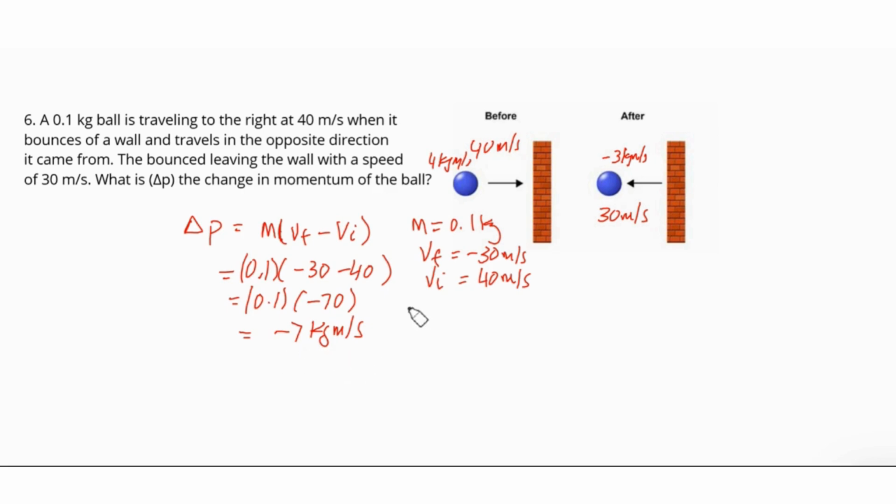kg·m/s of momentum. And you might say, well, what happens to this 7 kg·m/s? I thought that momentum could never be destroyed, it's always conserved. So if the ball had plus 4, now he has negative 3. Where did that 7 kg·m/s go? Because if he lost it, someone must have gained it. And the answer is, it's the wall.